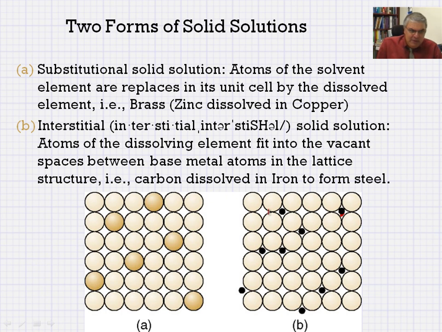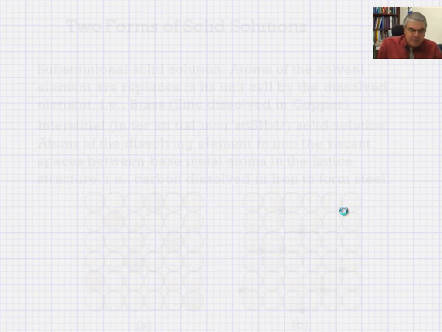An example is these black dots here. They represent carbons that is dissolved in iron to form steel. There will be no replacement here. It's just the other material is going to find the spaces between the atoms, and this atom is going to fill those spaces.